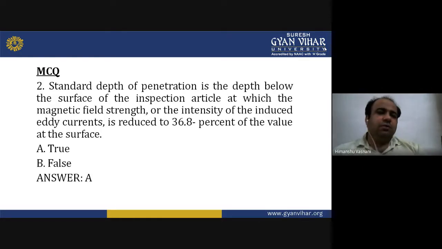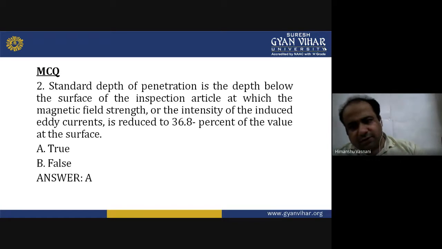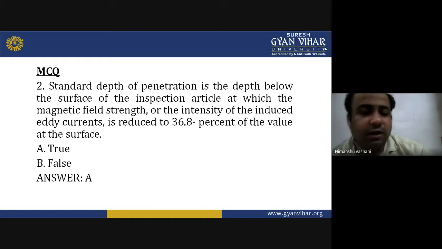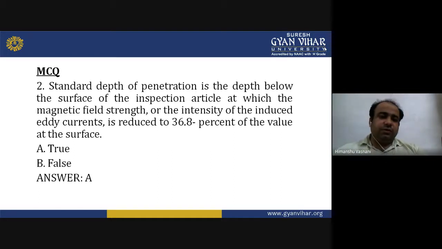Now the standard depth of penetration is the depth below the surface of the inspection article at which the magnetic field strength or the intensity of the induced eddy current is reduced to 36.8% of the value at the surface. It is true.